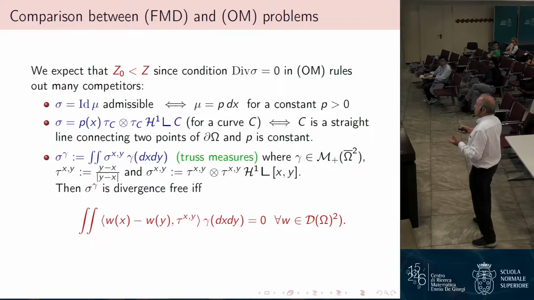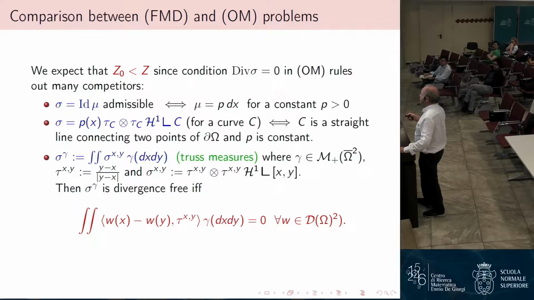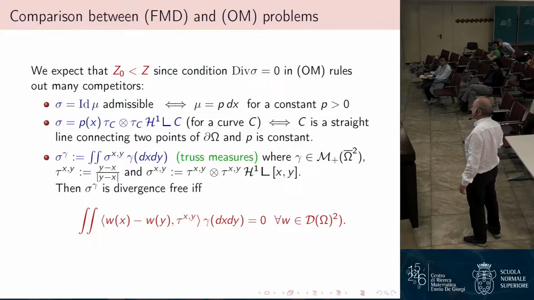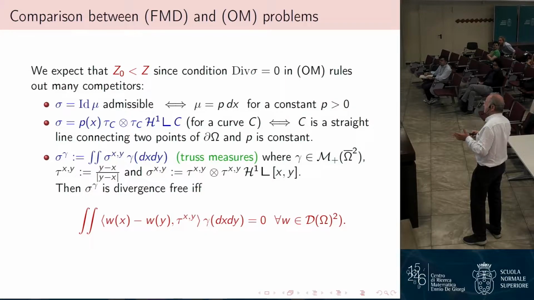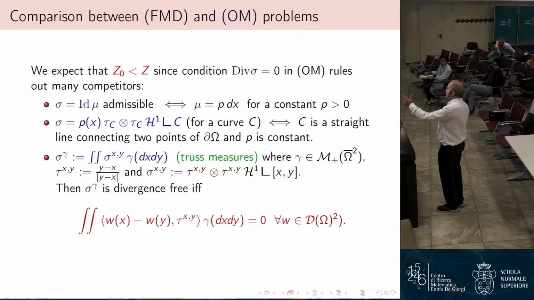And you can represent what I call a truss measure as a superposition of elementary stress measures which are carried by segments. This is the formula here. You can take a convex combination of such stresses, and in that case the divergence-free condition corresponds to this equality holding for any test function. So it is like a transport, but with a constraint. The gamma couples the endpoints of the bar.